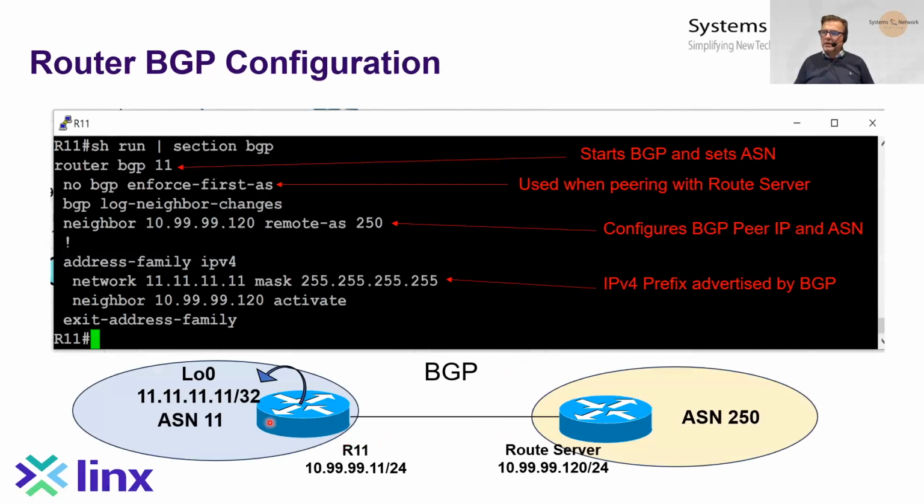So for example, here, if I am that router in AS11 in my lab setup, and I want to talk to the root server over here in the lab setup, I will go into my router and I will start the BGP process, which is what this line here is doing.